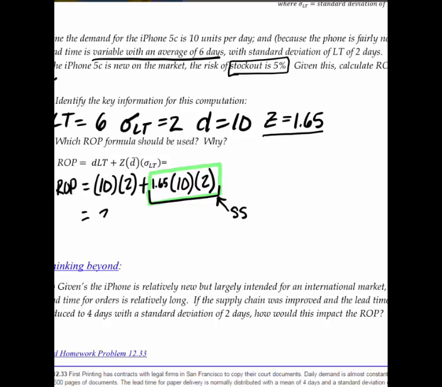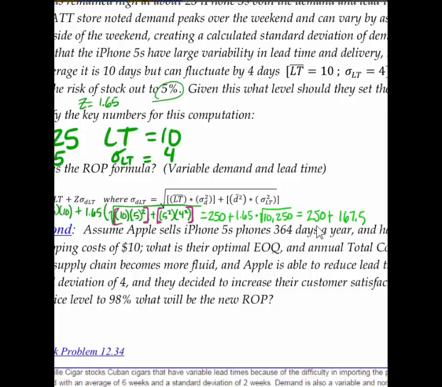So we end up then with 250 plus 167.5, noting that the 167.5 is the safety stock, and the 250 is just the stock that we keep on hand, assuming everything is perfect. Notice here that the safety stock is much higher.